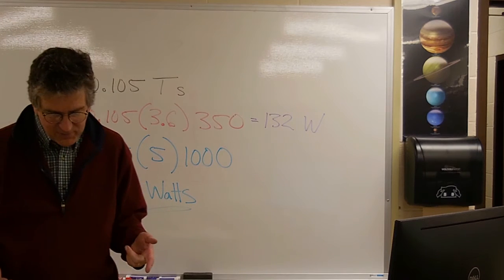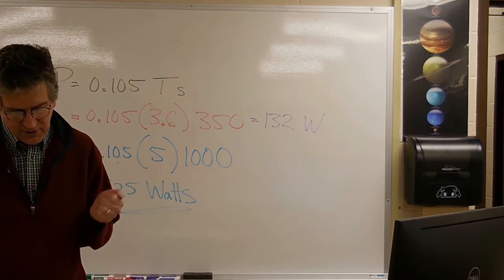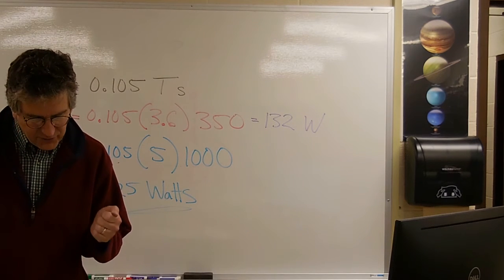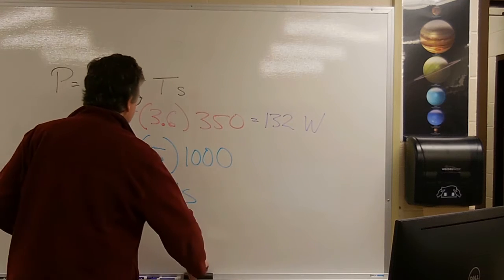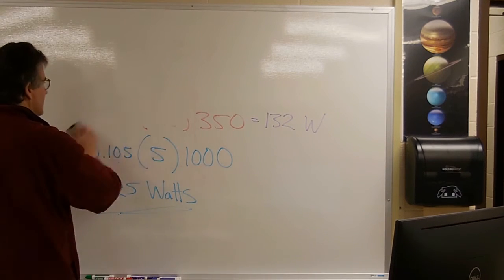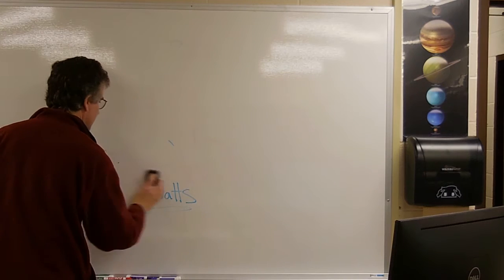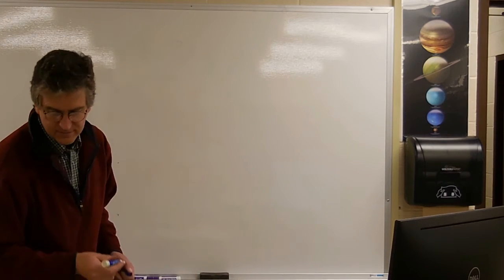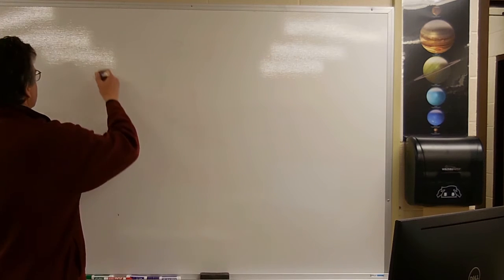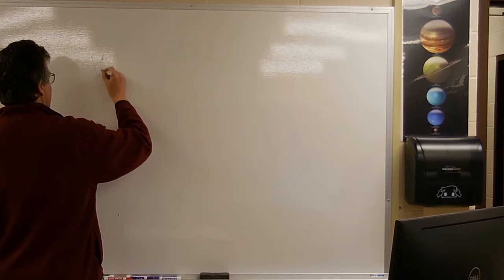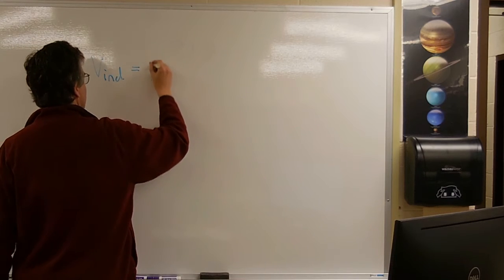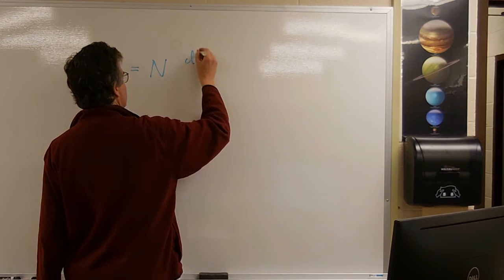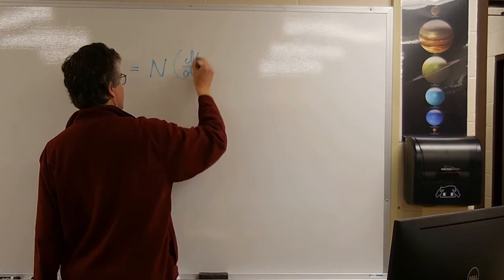The related problem says find the induced voltage across a 250 turn coil in a magnetic field that is changing at 50 microwebers per second. So your induced voltage is your number of turns times your change, which is this symbol.